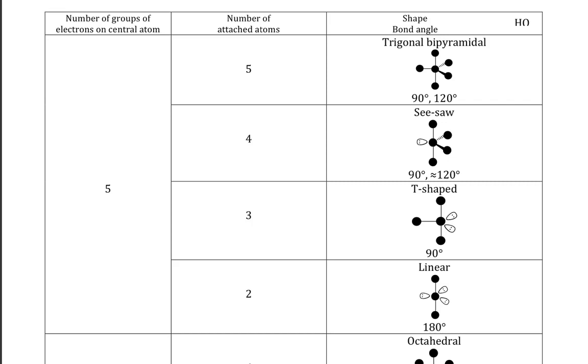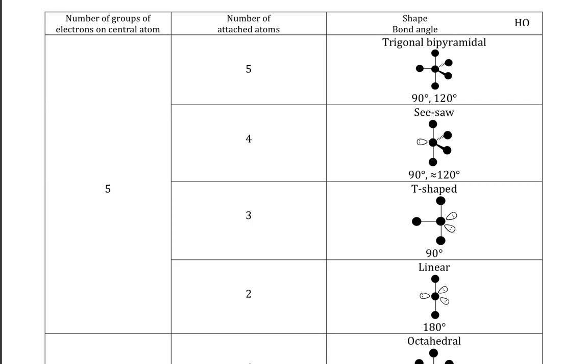Alrighty, so if we have 5 groups of electrons on the central atom, but only 4 attached atoms, we have what's called seesaw. If you tip that 90 degrees, you can picture a seesaw. Now the lone pair goes to the position on the left as shown in the diagram because lone pairs roam about more, and the closer they are to other groups of electrons on the central atom, the less stable.